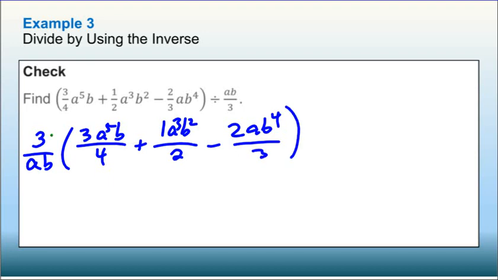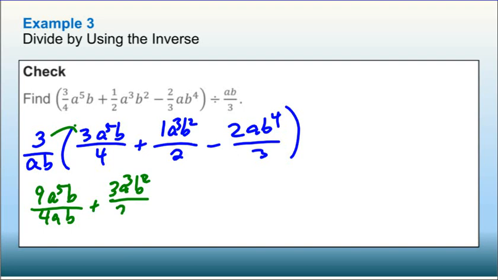So if I distribute, that gives us 9a to the fifth b all over 4ab plus 3a cubed b squared all over 2ab minus 6ab to the fourth all over 3ab.